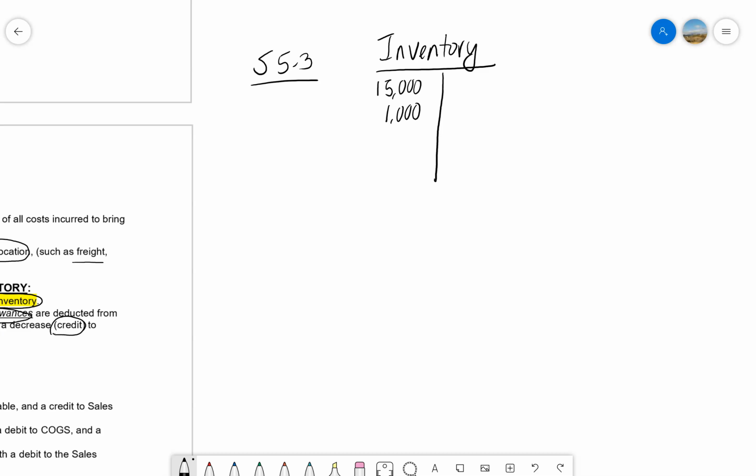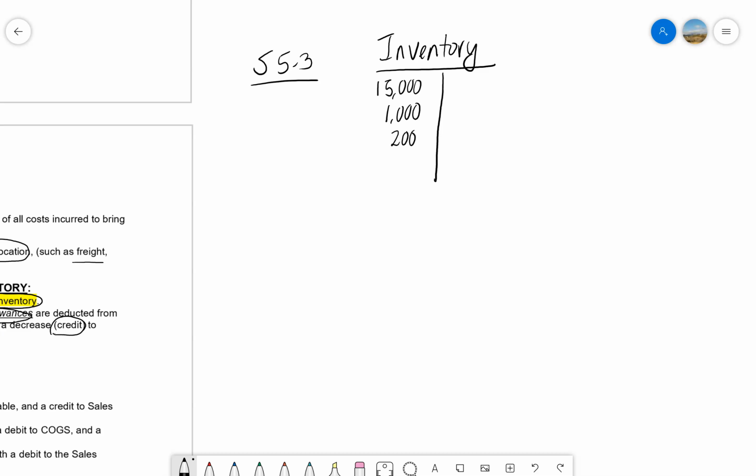Now in your textbook on page 245, it says all the costs to bring the inventory to the point of sale is added to the cost of the inventory. So therefore the duty and excise fees, that $200, that's going to be added to the cost of the inventory as well. Now when we get to the fine for unloading the inventory in an unauthorized area, that's going to be an expense.